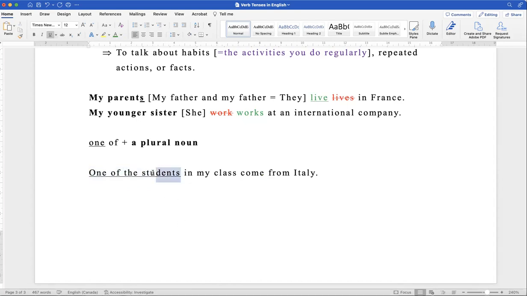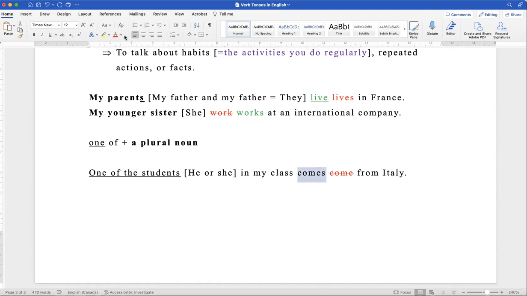So you see a plural noun here, but this is not the subject. The subject is not the students. The subject is one of the students. So this means it is singular. This means he or she. Only one student. That's why here it should be comes, not come, because the subject is third person singular. So this is not correct. This should be comes.